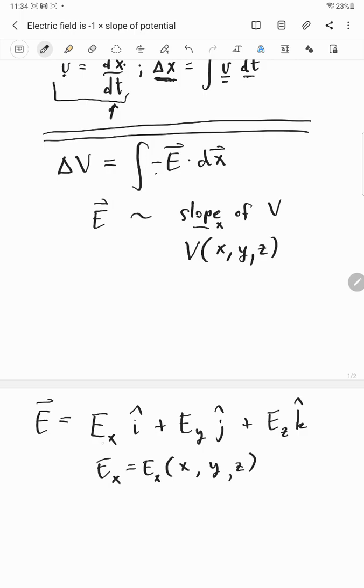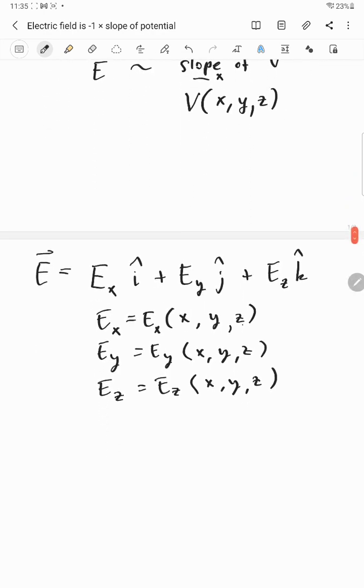So the x component, even though it's the x direction part of it, that part can have variation over the three dimensions of space. Likewise, the y component is a function of all three parts of the coordinate, and the z also the same. This is in general true.